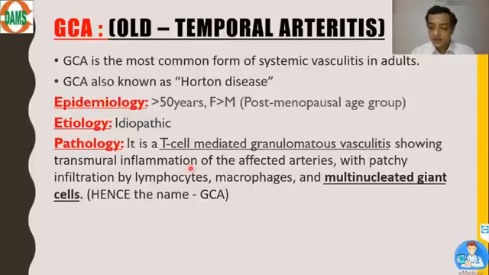Transmural inflammation of the affected arteries can occur with patchy infiltration by lymphocytes, macrophages, and multinucleated giant cells. And because of the presence of giant cells in the pathology, the name has been given giant cell arteritis.